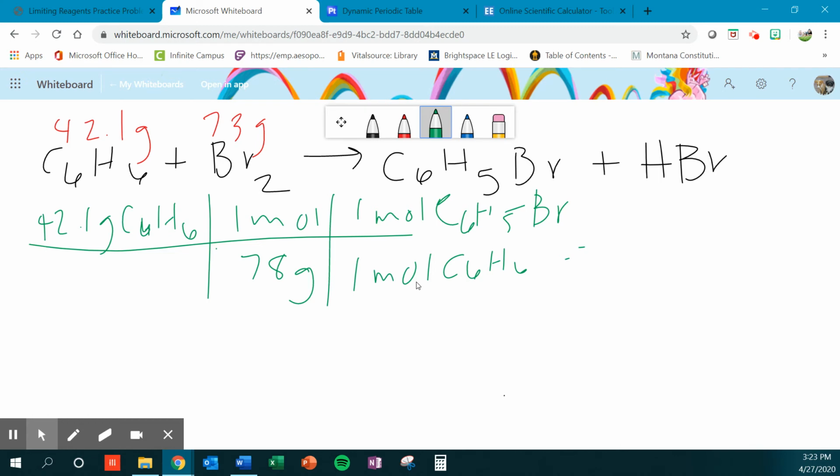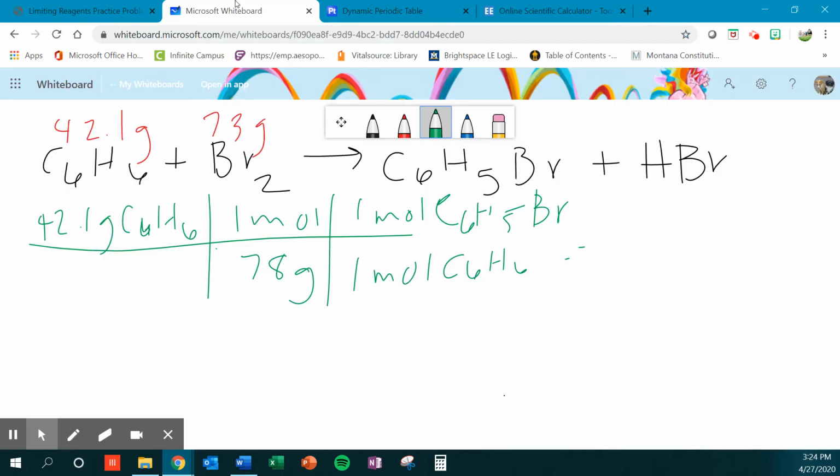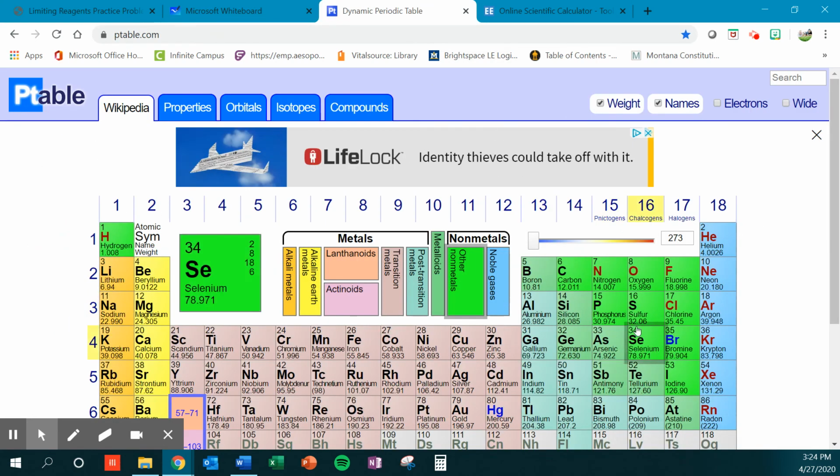And so from there, we would multiply across the top, multiply across the bottom. So it's basically 42.1 divided by 78. And you get 0.54 moles. Sorry, it's very hard to write on this thing. And so then we have our 73 grams of bromine gas. And I don't have bromine memorized off the top of my head.